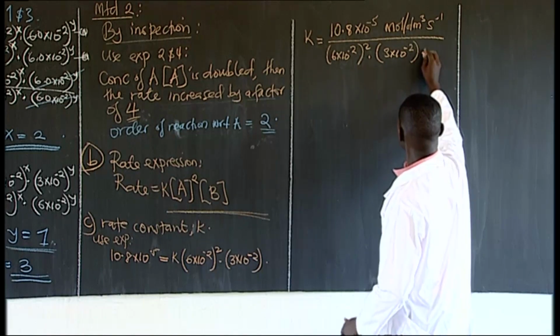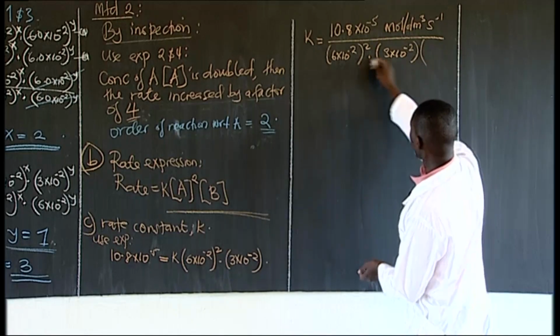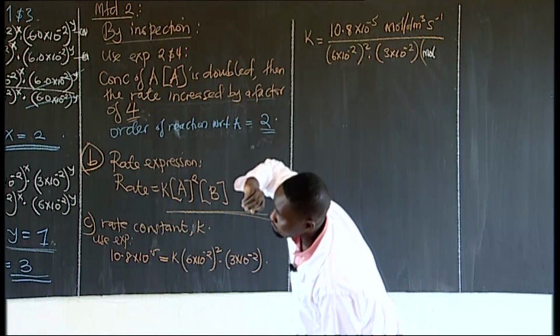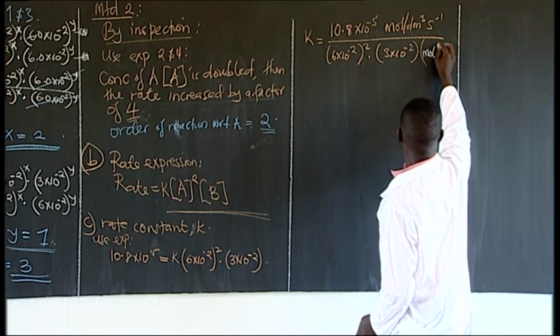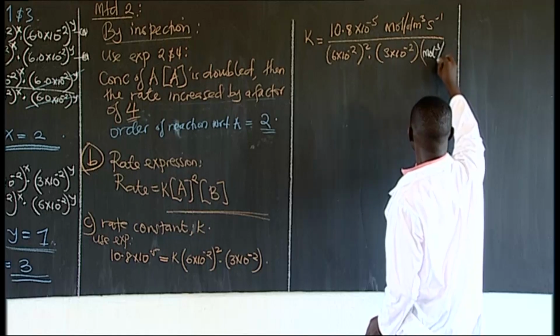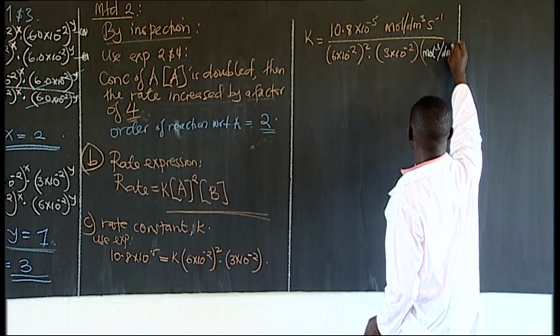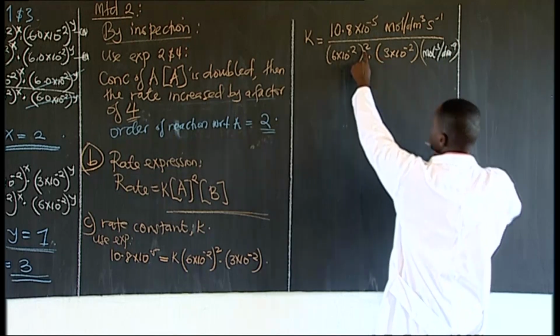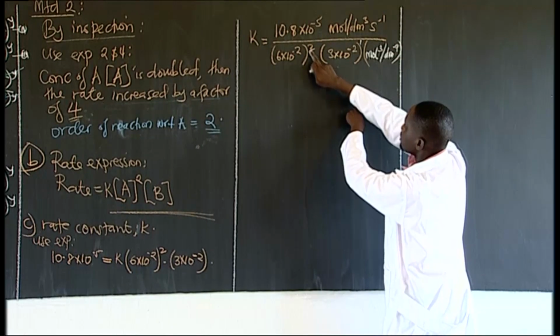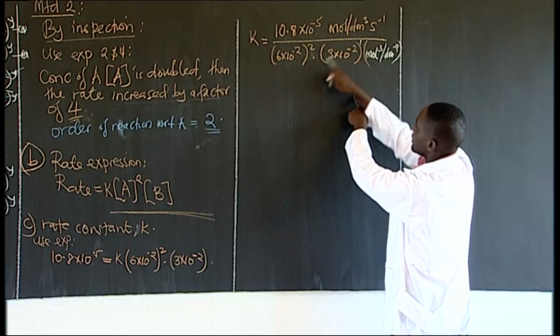Here the units, when we join up these units, mole cubed, then decimeter power 9. Because we are having a 2 and this is a 1, then we shall simply add them because the units are the same.